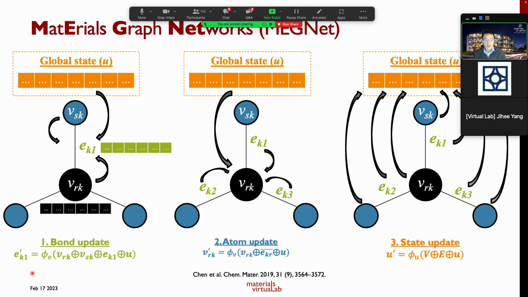Because we don't really know the functional relationship for these updates, we model all these functions using neural networks, because neural networks are universal approximators. This is why it is called a graph neural network. Given this architecture, you can train graph deep learning models to predict any property that you are interested in, as long as you have sufficient data.